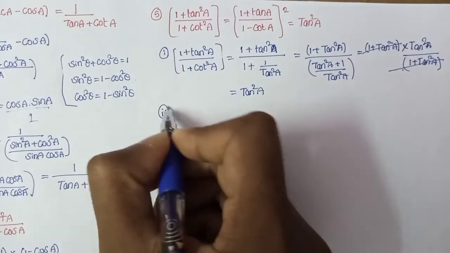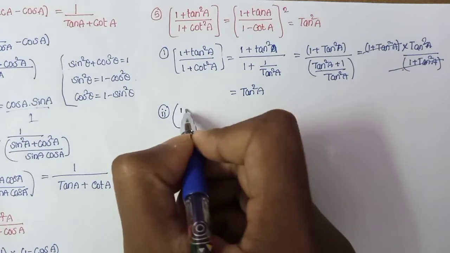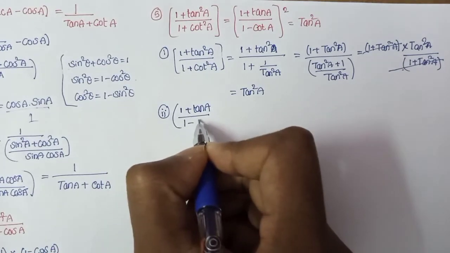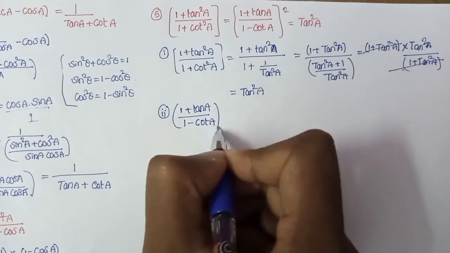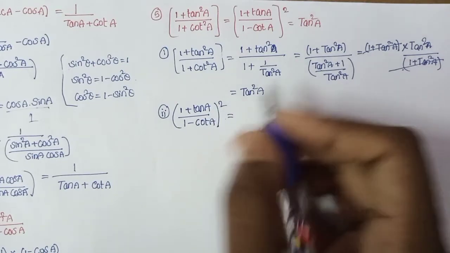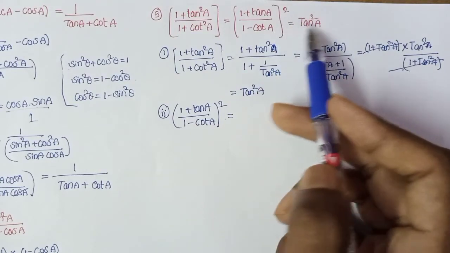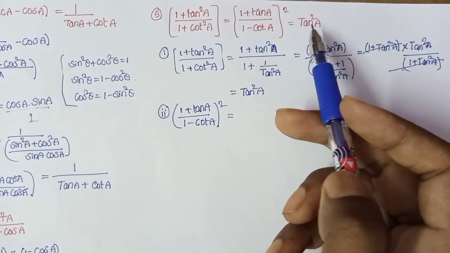So we'll take the next step, that is 1 plus tan A divided by 1 minus cot A whole square. We need to show that it is tan square A. So if you observe here, whole square is there, here whole square is there.